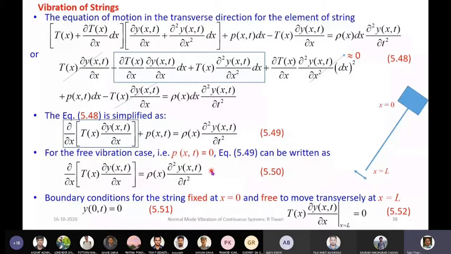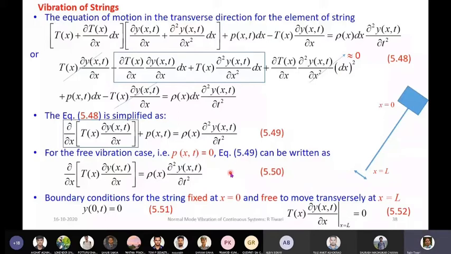So here we can have boundary conditions. If you remember, I obtained this using Newton's law. Once I obtain the equation of motion using Newton's law, the boundary conditions will not come from the formulation. We need to consider them separately, taking the physical considerations into account.